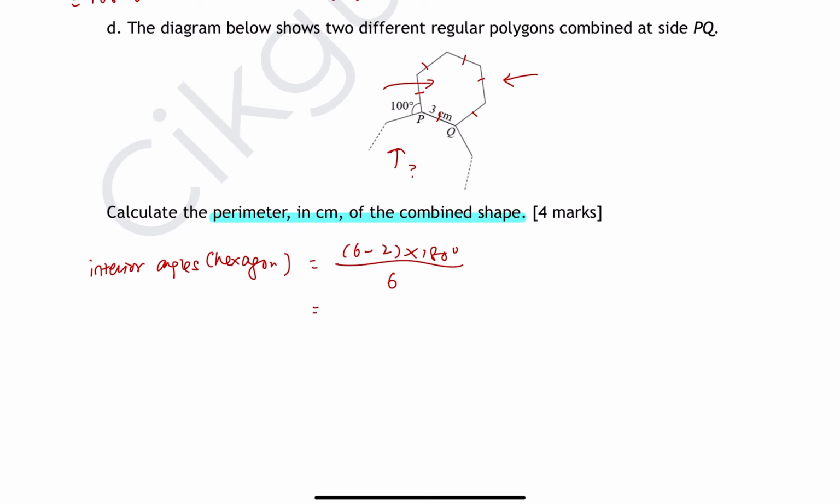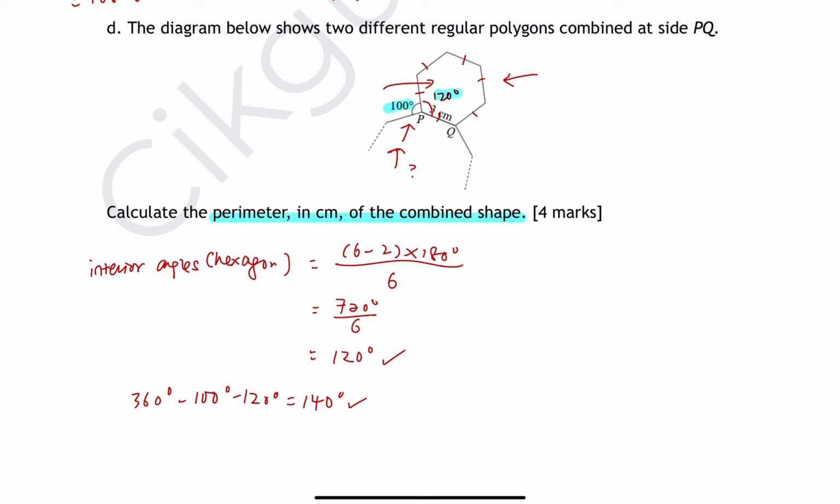Okay, so you have 720 over 6, which is 120 degrees. So this part is 120. Okay, from here you will know the interior angle of this incomplete polygon by using 360 to subtract your 100 and 120. So 360 minus 100 minus 120, you will get 140 for the interior angle.